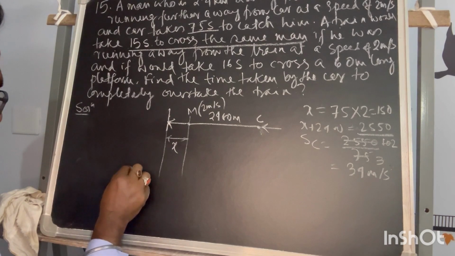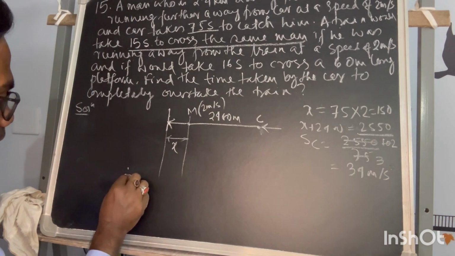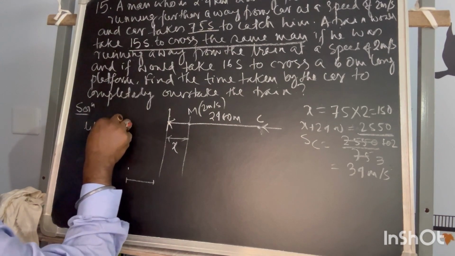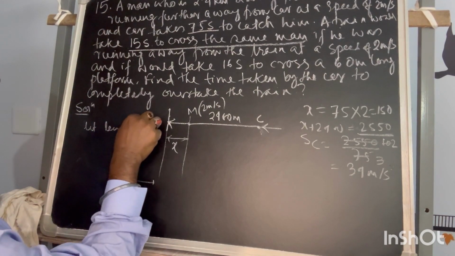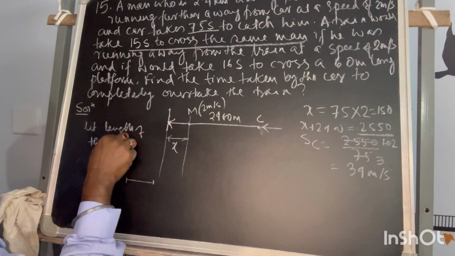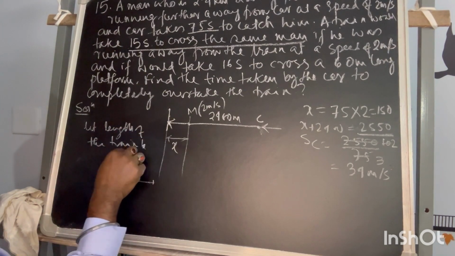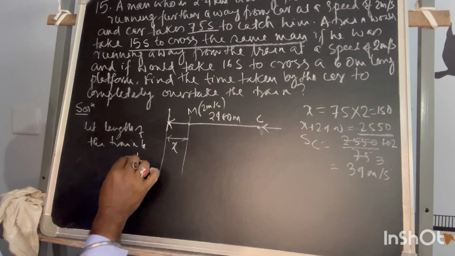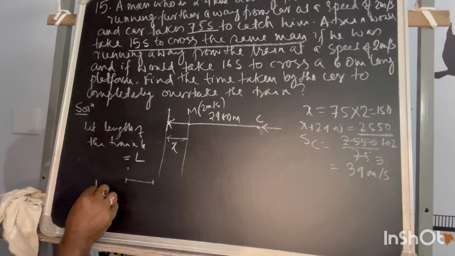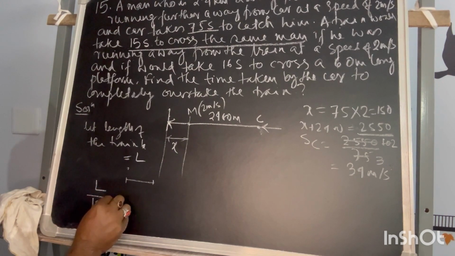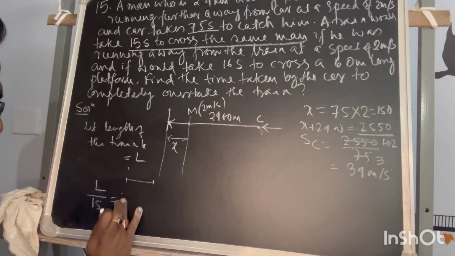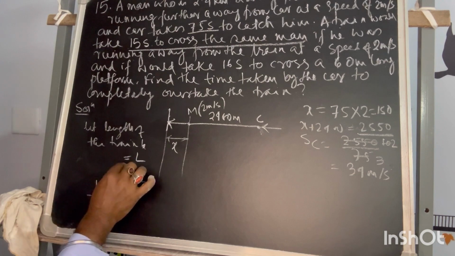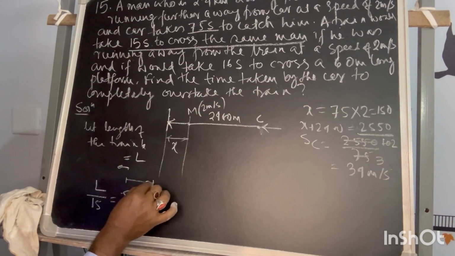actually when this is a standstill, the train will move the length of its own. Let's say the length of the train is equal to L. So now if the man is standstill, L divided by 15 would give you the speed of the train. This could be the possibility, but this point is moving in the same direction the train is moving.